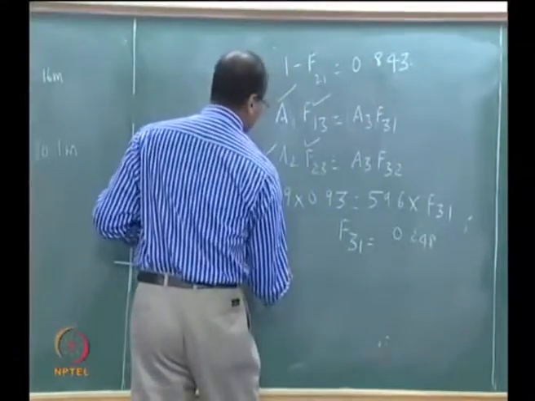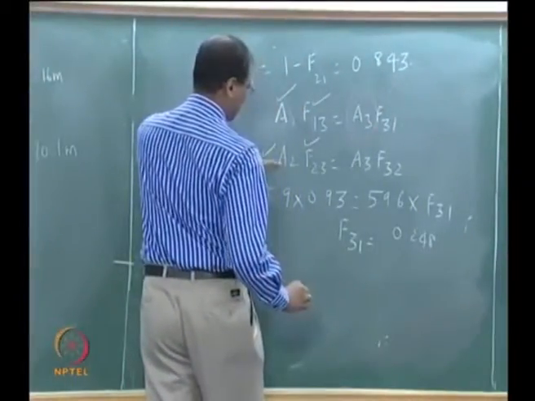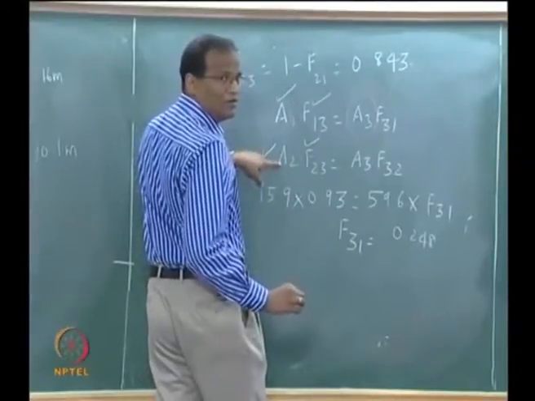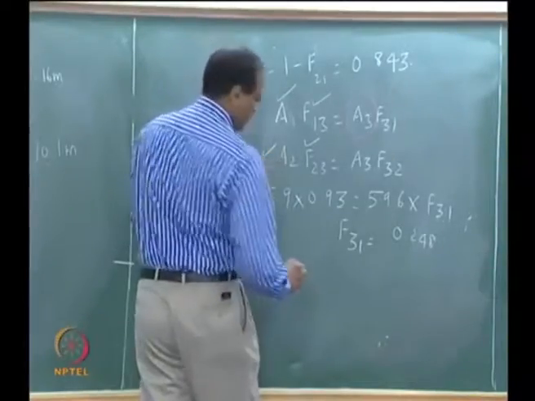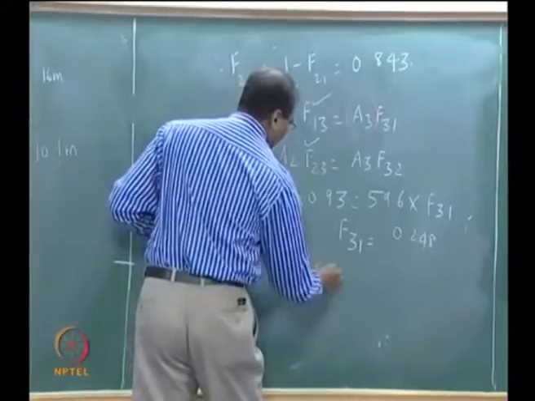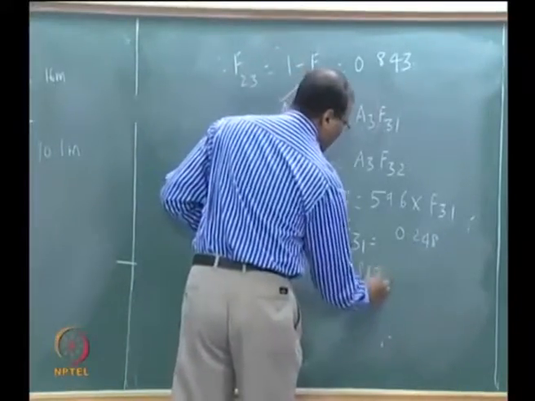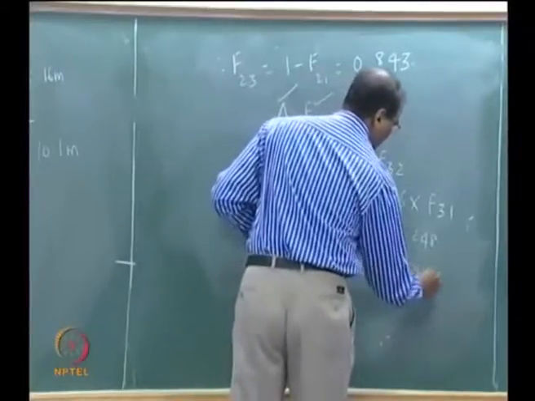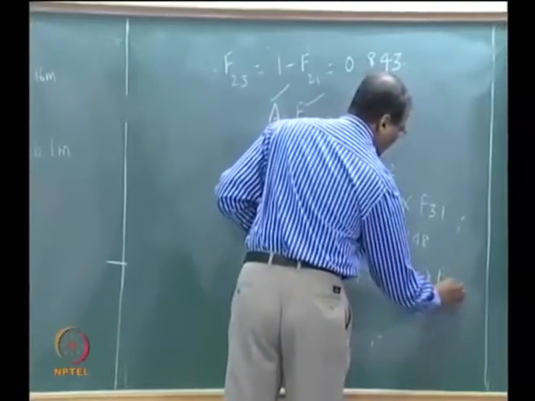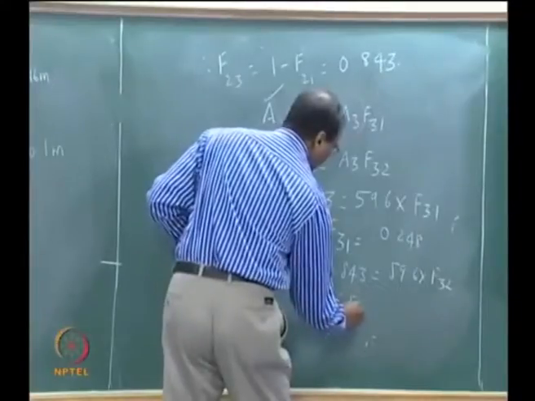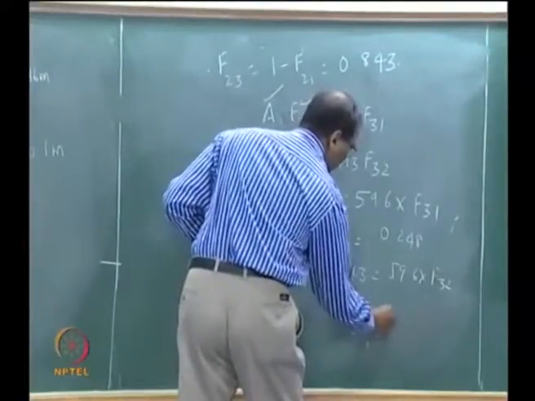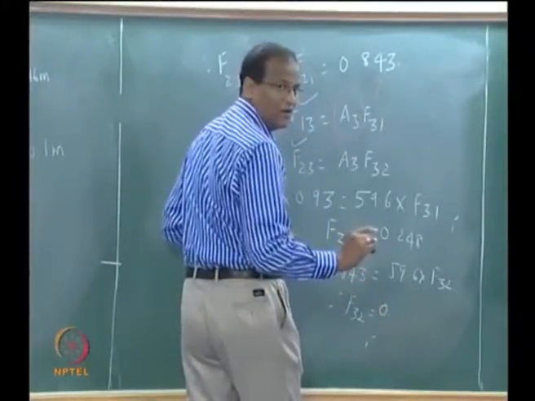Similarly, A2 7 point, F23, F32 equal to 0.1.